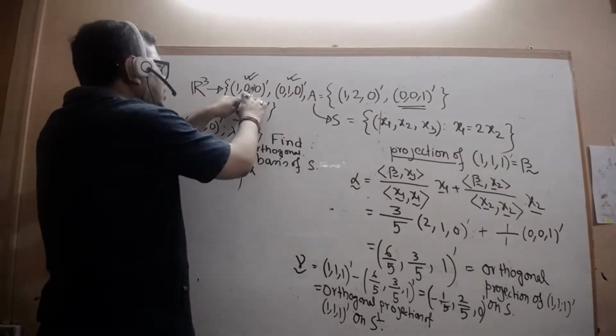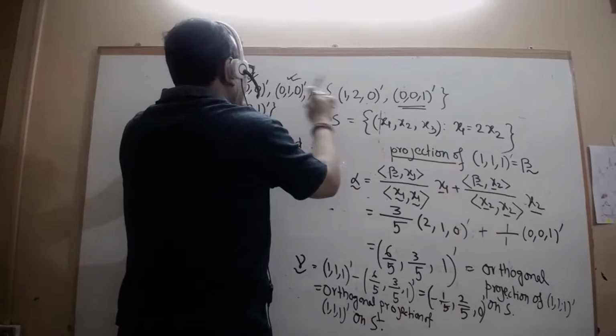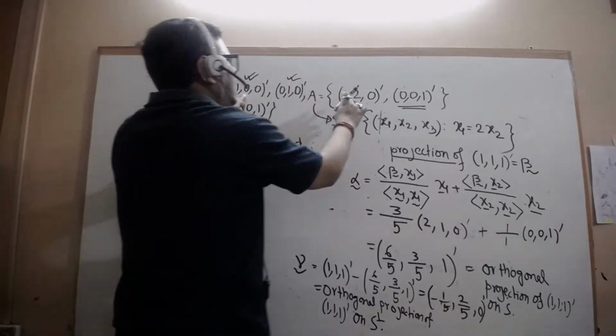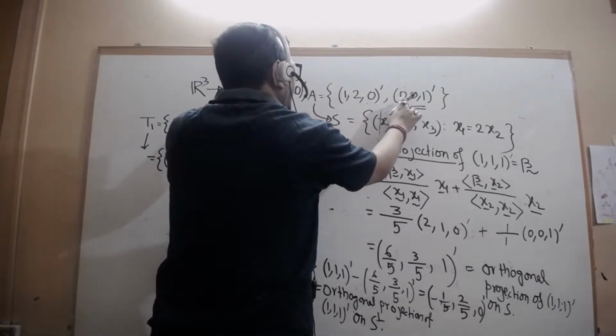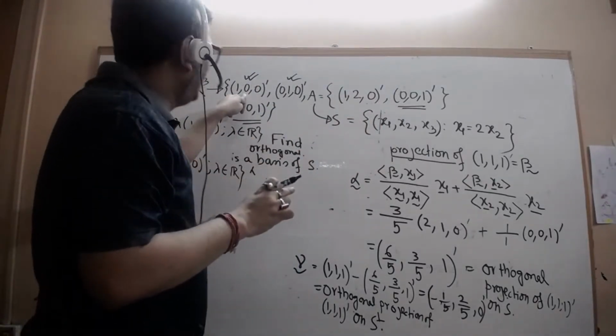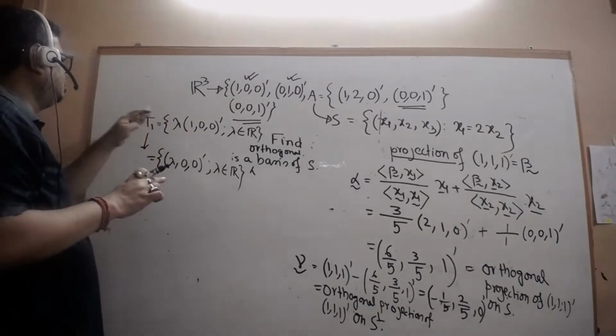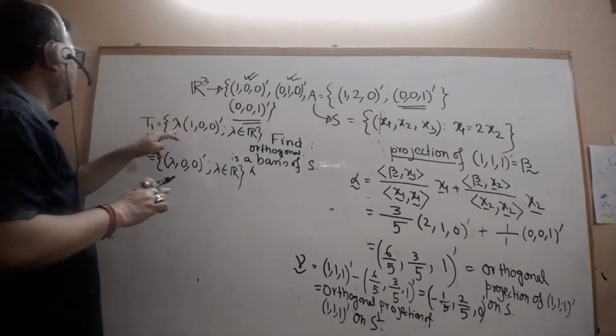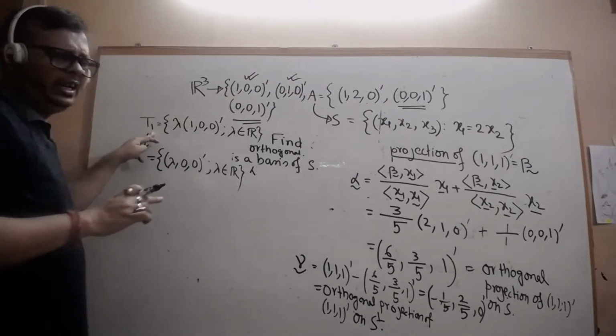If 1 0 0 cannot be written as a linear combination of these two vectors 1 2 0 and 0 0 1, this means you should take this vector for constructing T1.